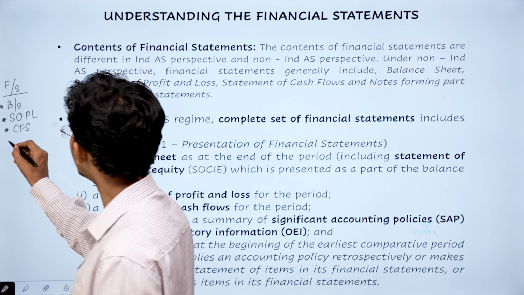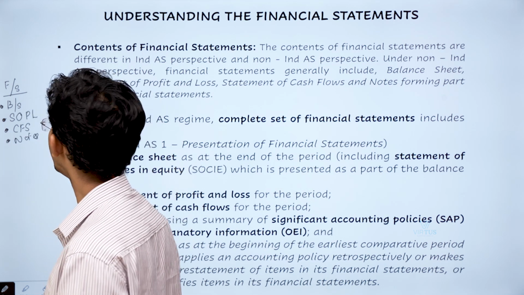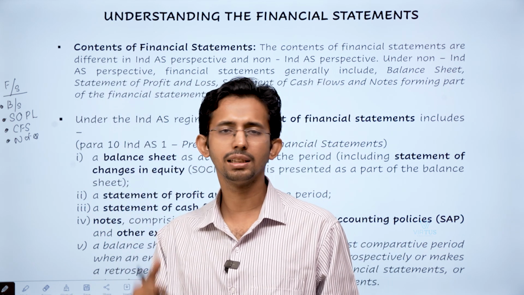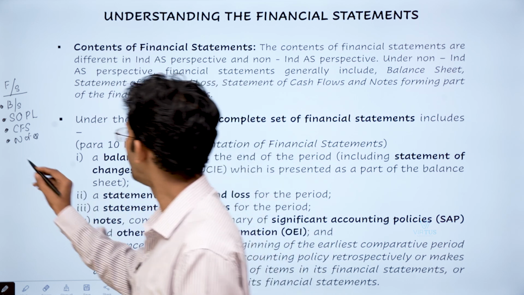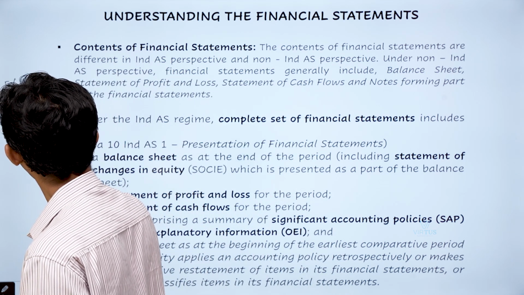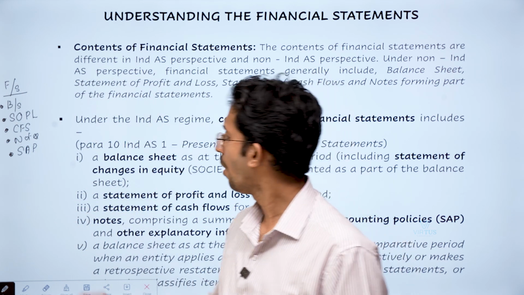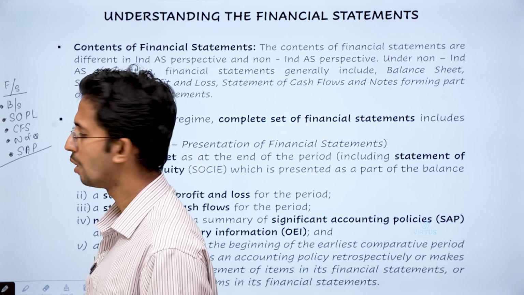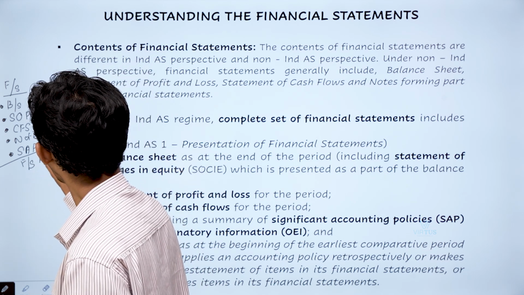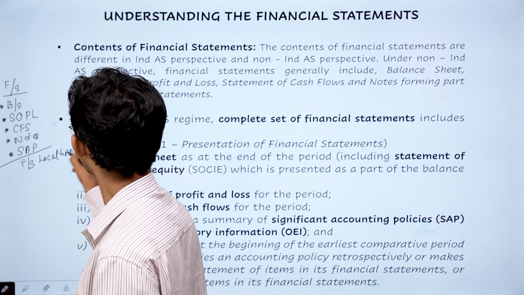The next one is notes forming part of the financial statements, which includes the schedules, then other disclosures, etc. These four documents, along with significant accounting policies or SAP, all together form the complete set of financial statements in the local GAAP. I hope that is clear to everyone.